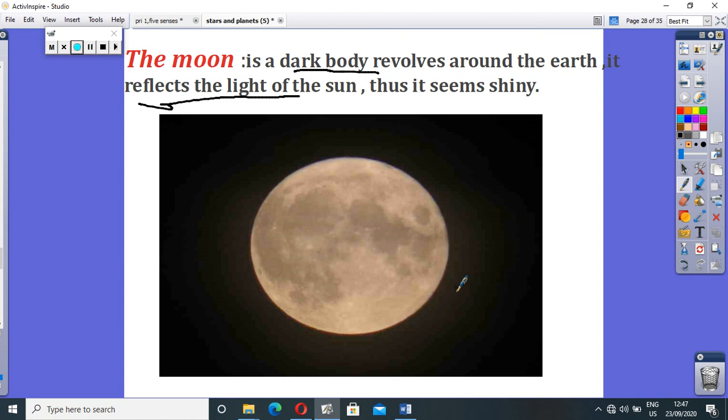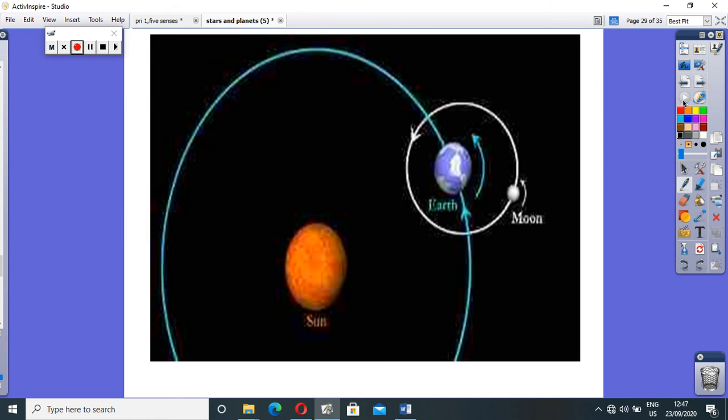So you will see the moon as a shiny body. Again, why? Because it reflects the light that comes from the sun. Thus it seems shiny.